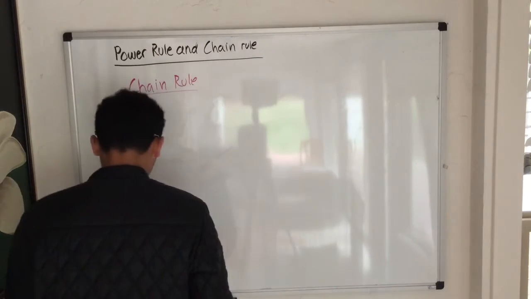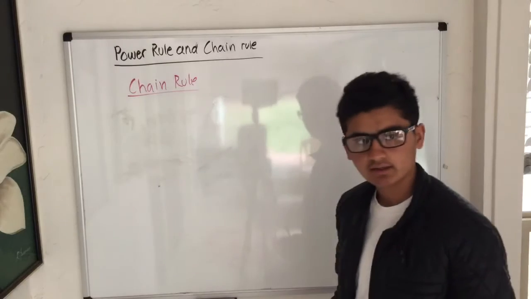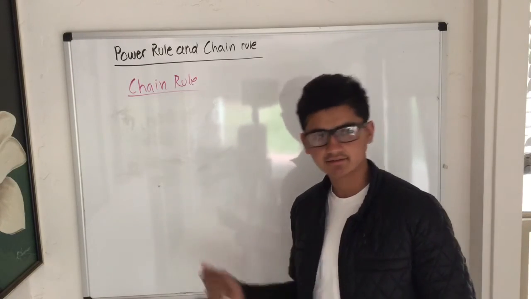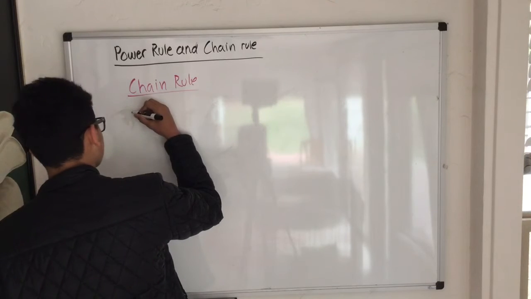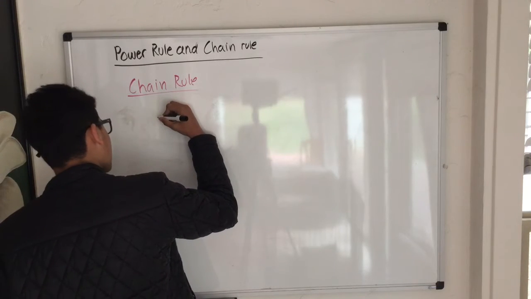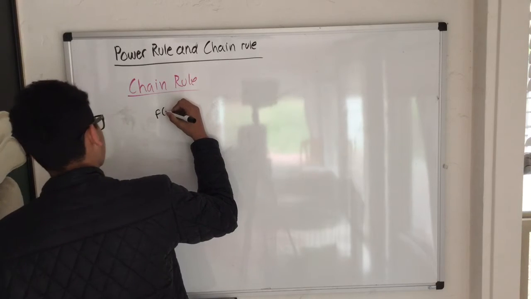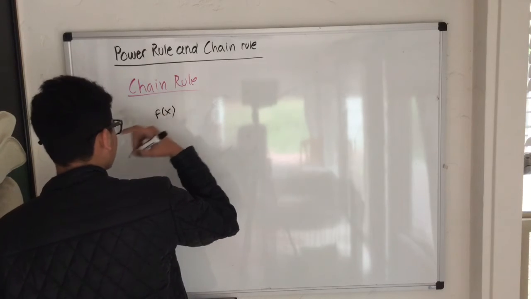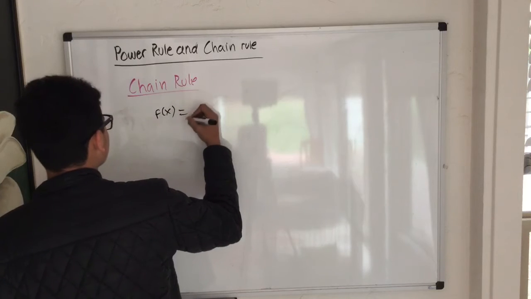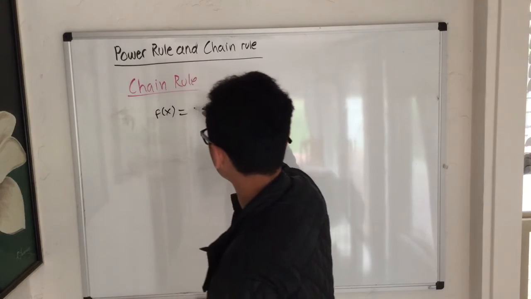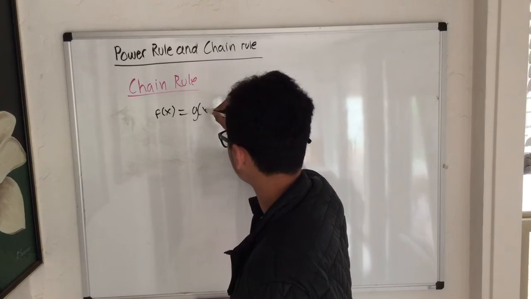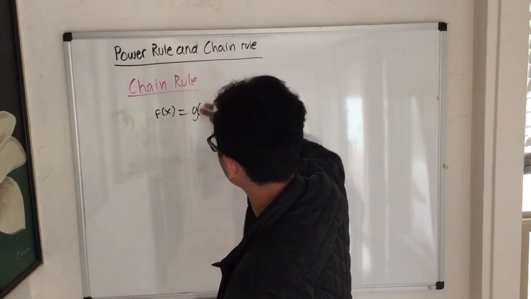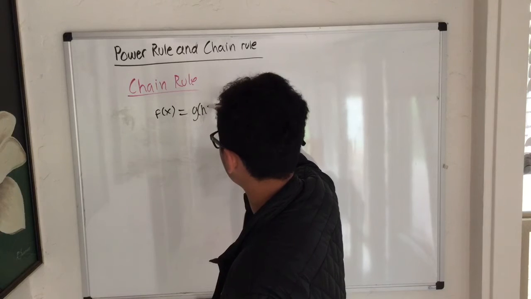Okay, so now we're going to have the instance where we have a function f of x, which includes, let's say, g of x, it's going to be g of h of x.